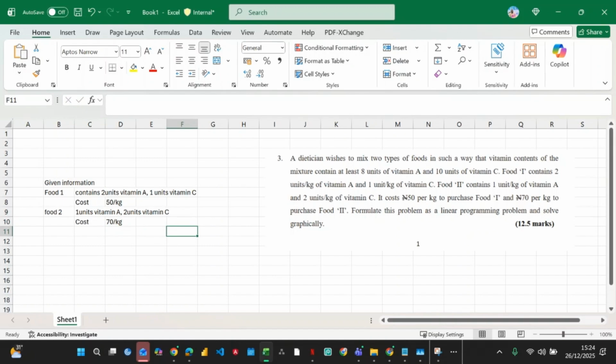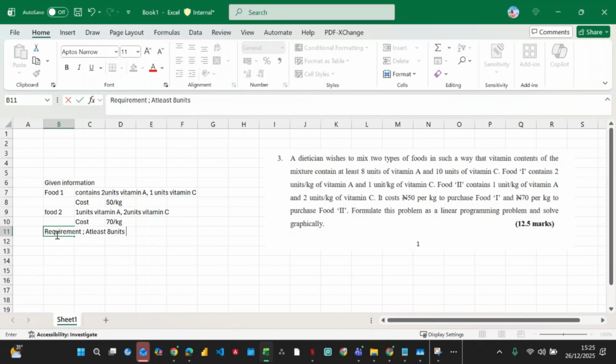What is required is at least 8 units of vitamin A and at least 10 units of vitamin C. When you mix these two foods in such a way that the vitamin content of the mixture contains at least 8 units of vitamin A and 10 units of vitamin C, that is the requirement.